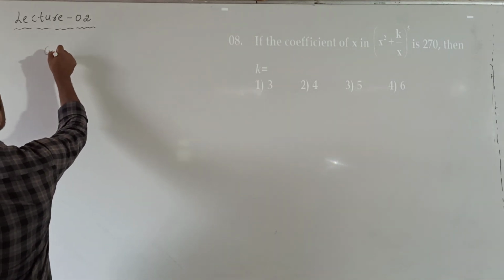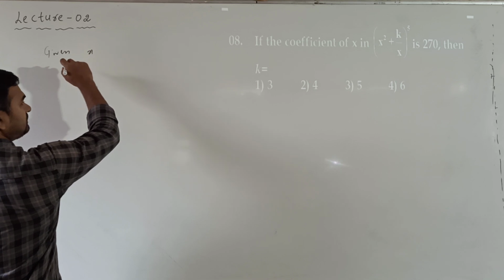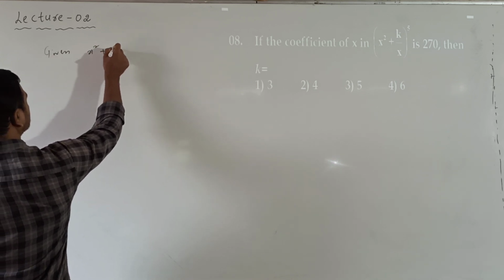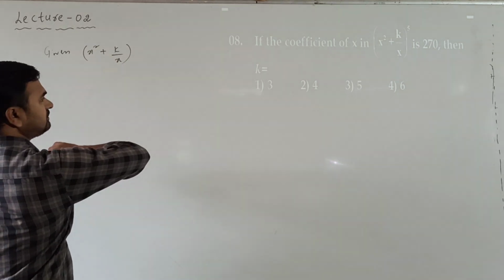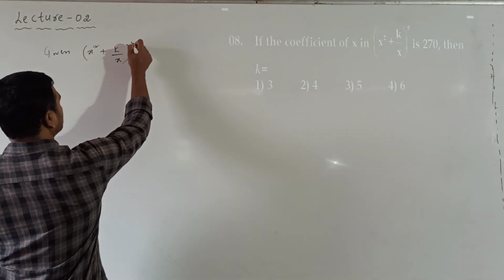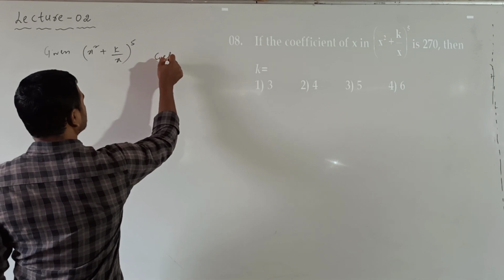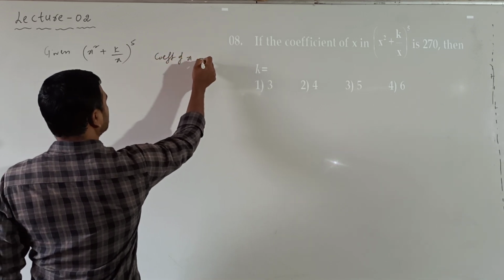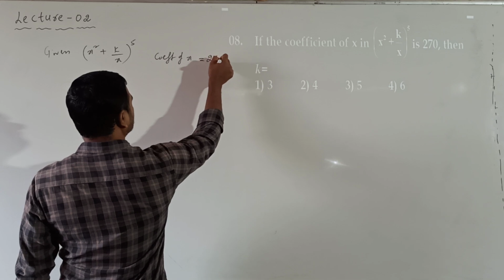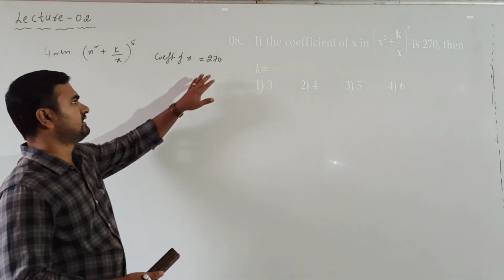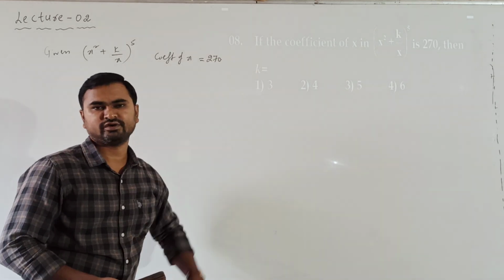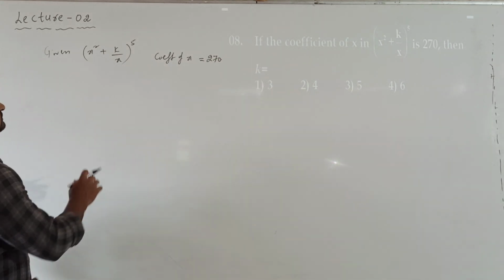Given expansion is (x square plus k by x) whole to the power of 5. Now the coefficient of x is given as 270. So first we will find the coefficient of x, then equate it to 270, then we can find the k value.